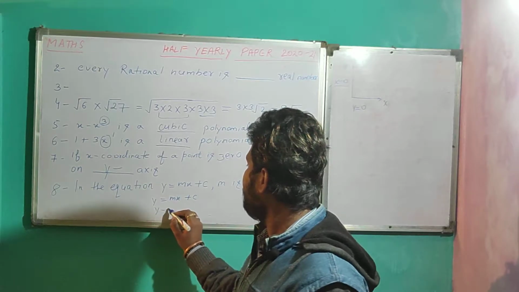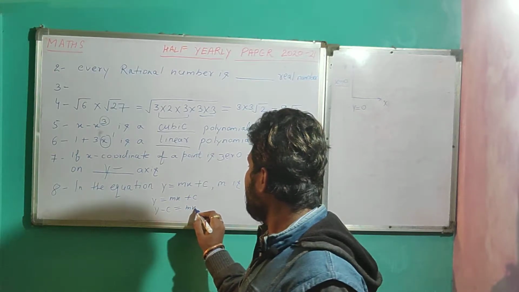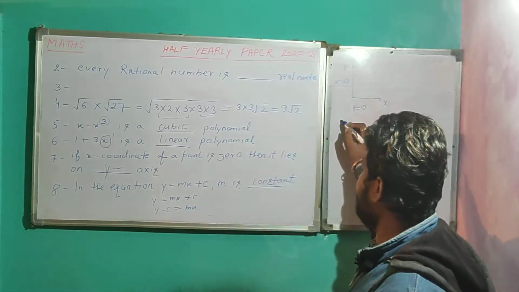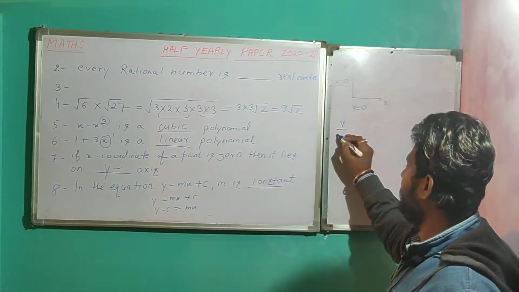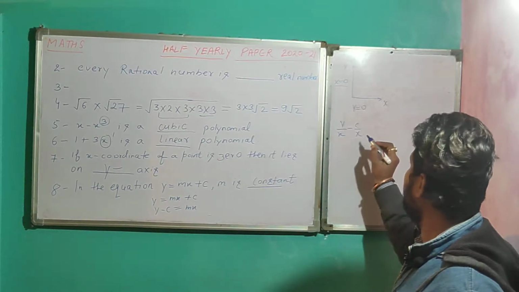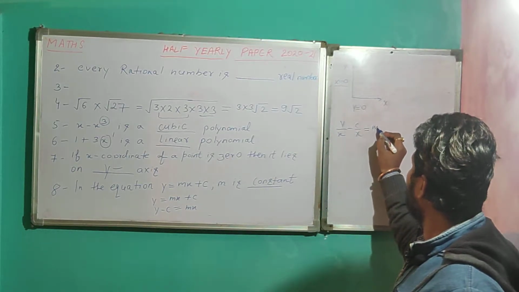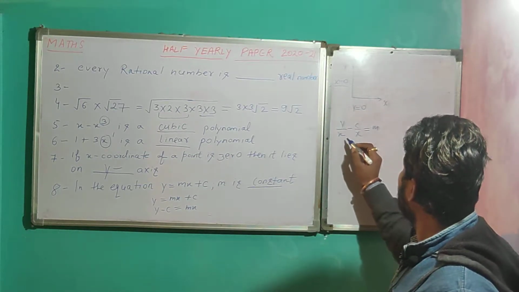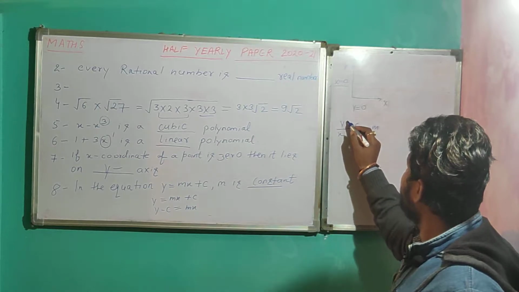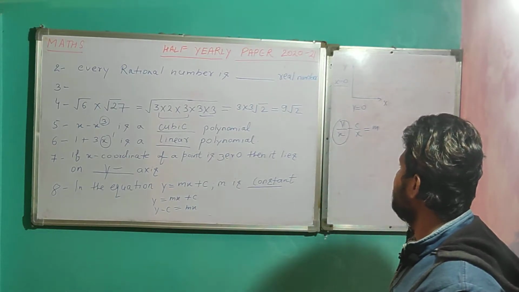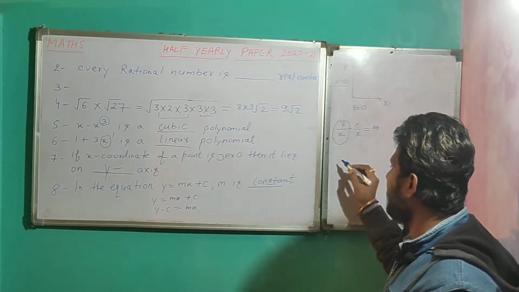You can write y minus c is equal to mx, and this can be simplified as y upon x minus c upon x is equal to m. So this represents the slope of a line.